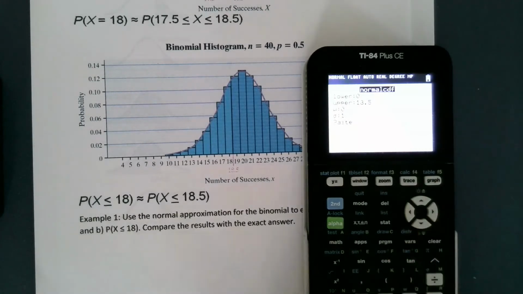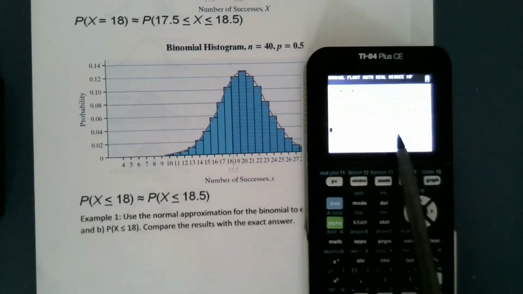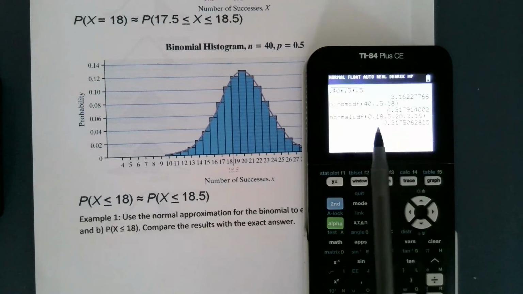The mean was 20, and the standard deviation we calculated was 3.16. So the approximated answer would be 0.3175. You can see the two answers are fairly close.